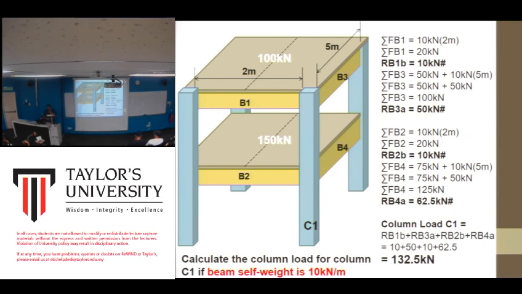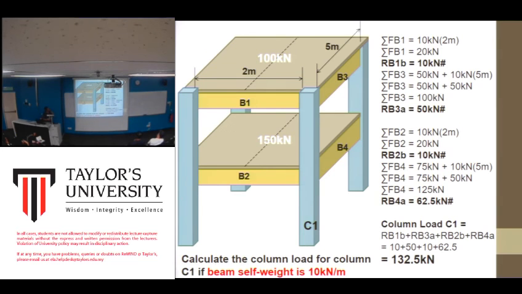So the reaction force is basically half. If the total load of the beam is 20, here should be 10, here should be 10. So you get the reaction force at RB1 is 10. And then here, because the load is 50, here is 50 kilonewton, the total load of the slab.